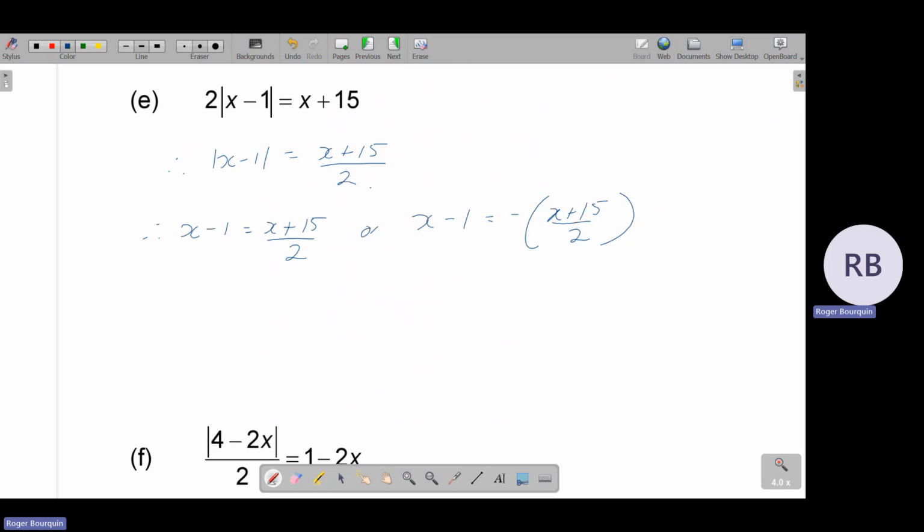Yes. And then working out. You could times it by 2 in this case, because 2 is the same thing as the absolute value of 2.